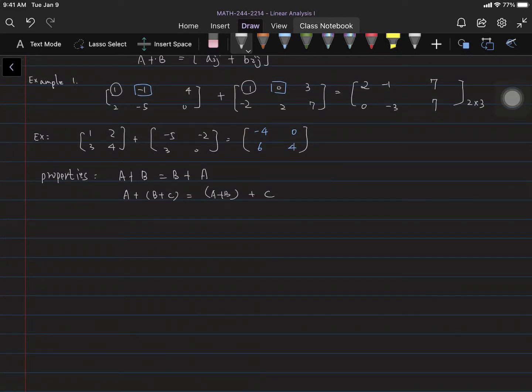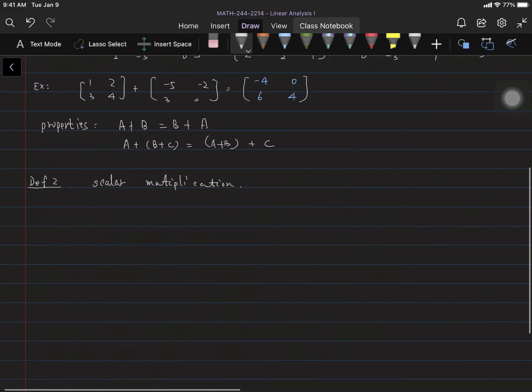Okay, this is the addition, the first definition, and the second definition is called scalar multiplication. Same thing, I'm going to write down the definition in an easy way. So let's see. We have a scalar.